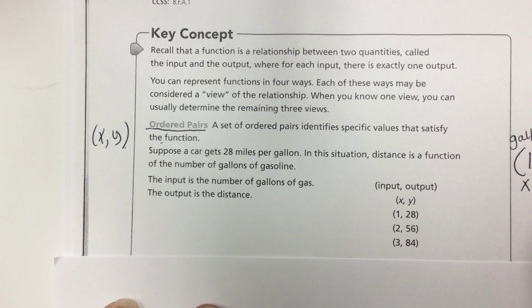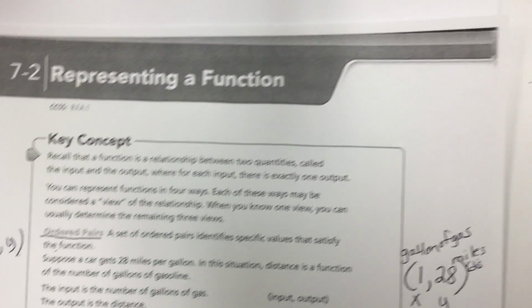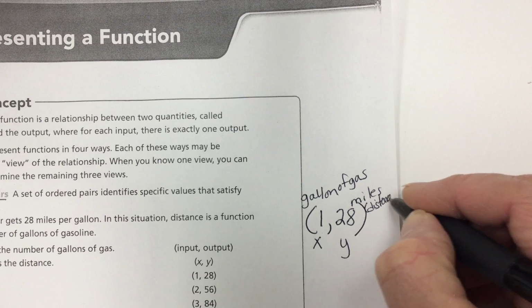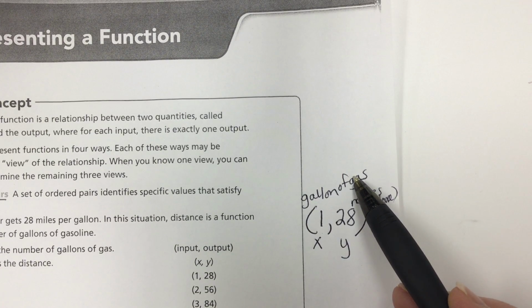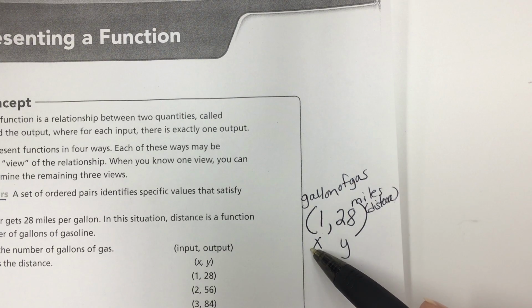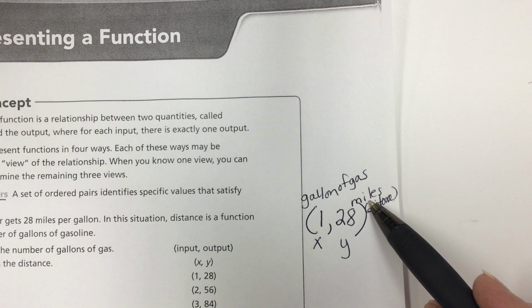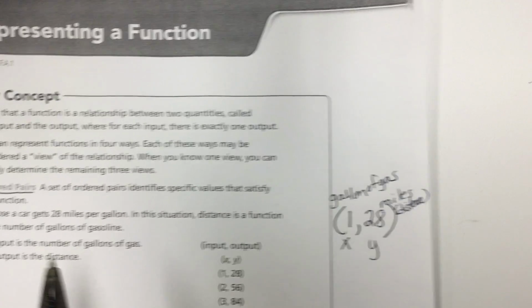Your y is going to be the miles that you travel, or your distance. So for 1 gallon of gas, that's x, you will travel a distance of 28 miles. That's what we can get from the system being described here.